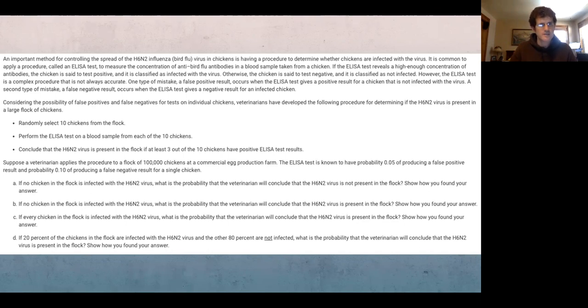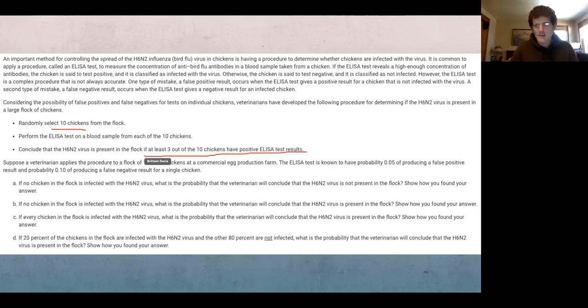So here's the process that they use to determine if the virus is present. They select 10 chickens randomly, perform the test on each of the 10 chickens, and if at least 3 of the 10 have positive ELISA test results, then you have this virus in the flock.